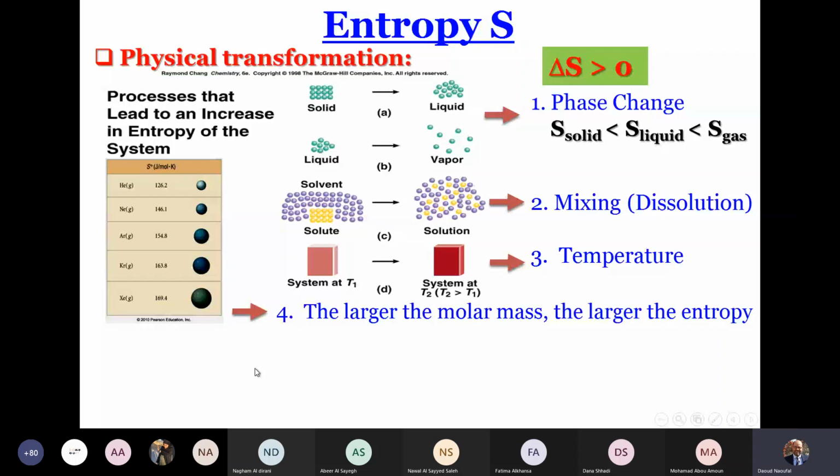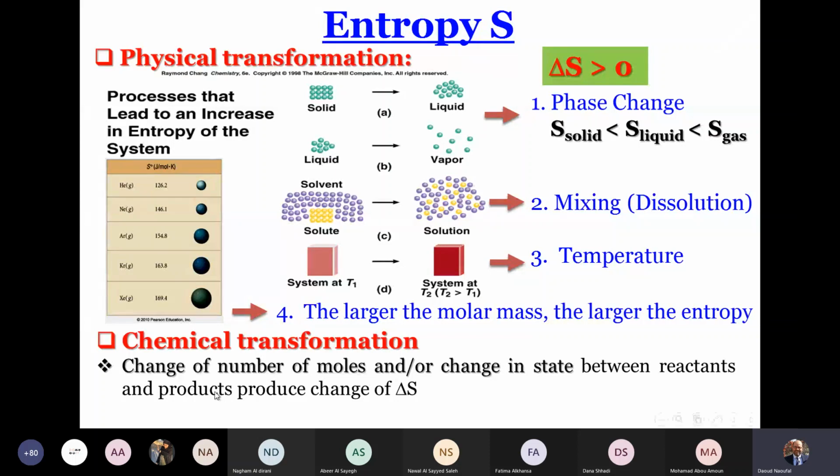Now we pass to the chemical transformation. How to predict whether delta S of a chemical transformation is positive or negative? In a chemical reaction, we pass from reactants to products. First, if the reaction forms gas, that means we pass to a state that is less ordered or more disordered.